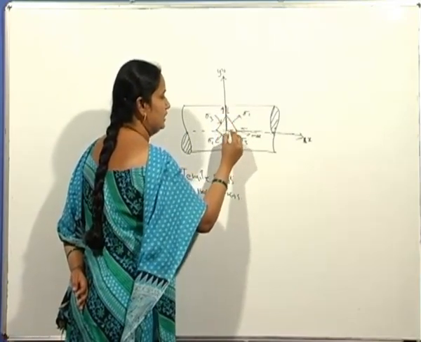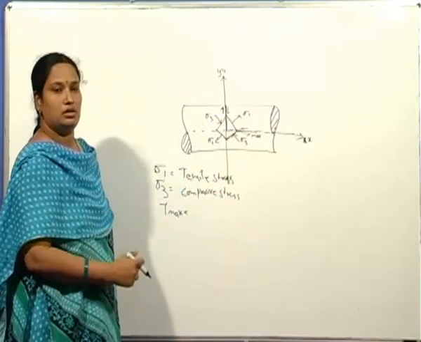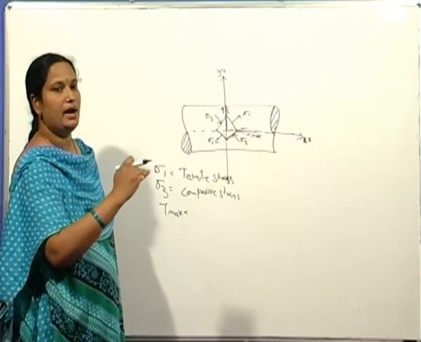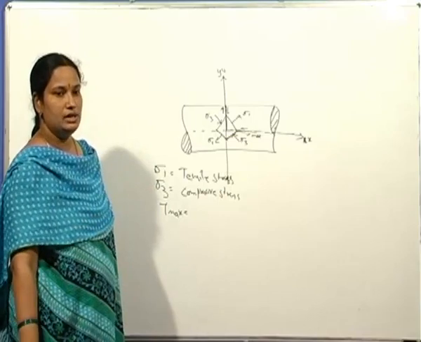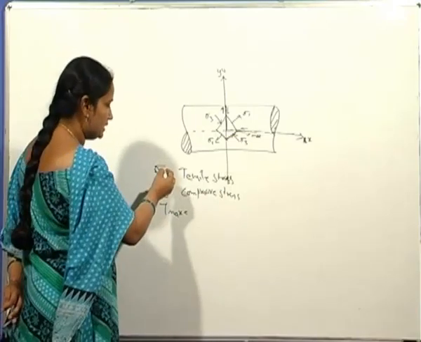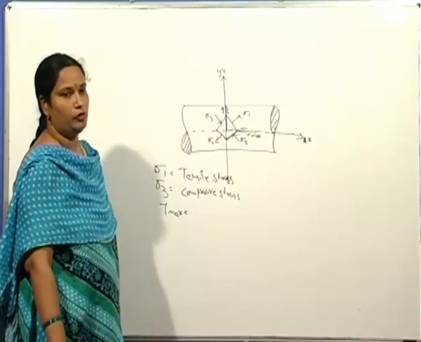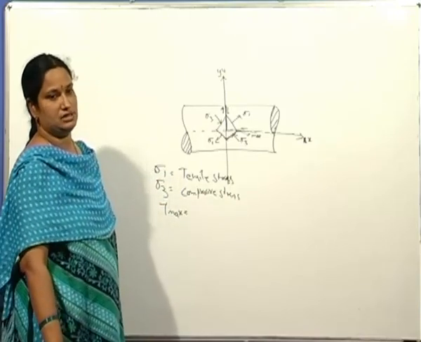So these are the planes over which maximum shear stress acts. And this normal stress is equal in magnitude to that of the maximum shear stress.